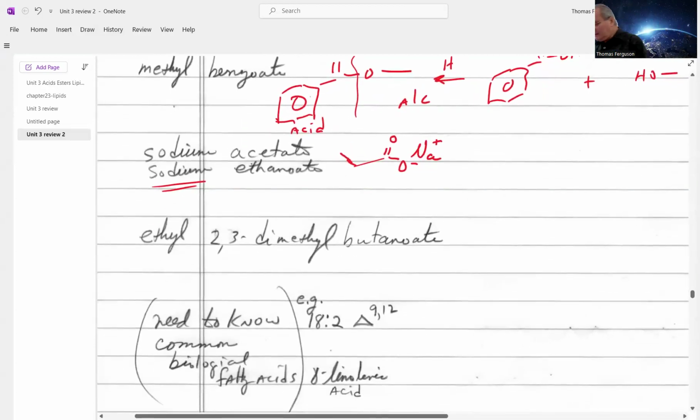So as soon as you see the O minus, that means it's either an ester or an ion, a sodium or potassium salt. So since this has no cation out front, it's going to be an ester. So this is the alcohol it's built on. This is the acid.